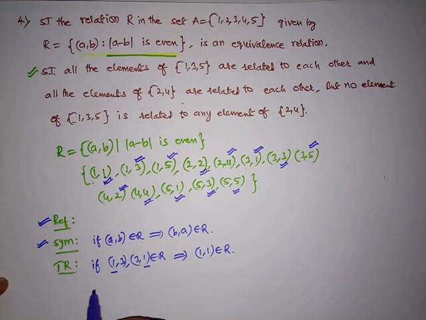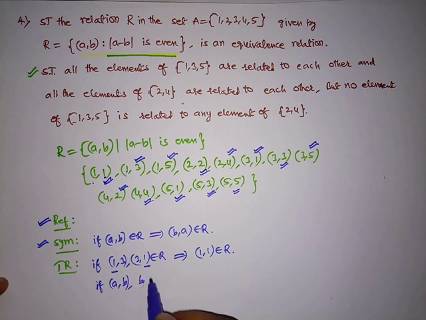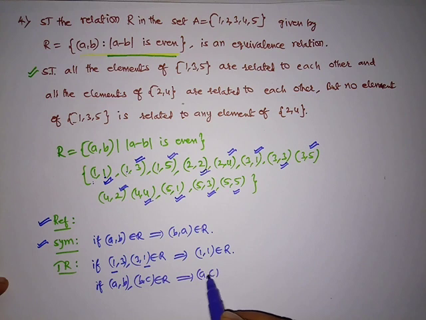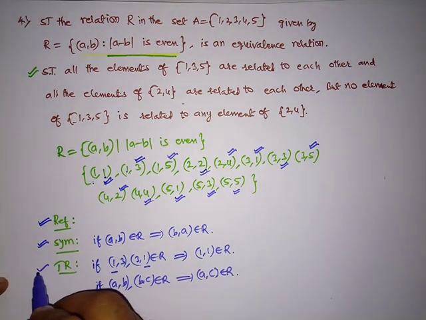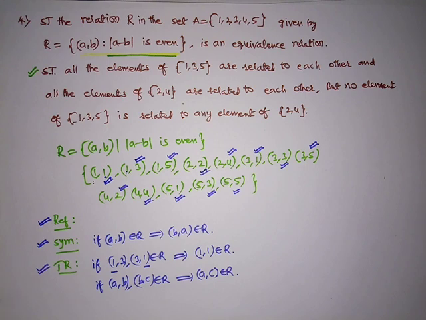So for any a comma b, b comma c belonging to the relation, a comma c exists in that particular R. So in that case it is said to be transitive also.